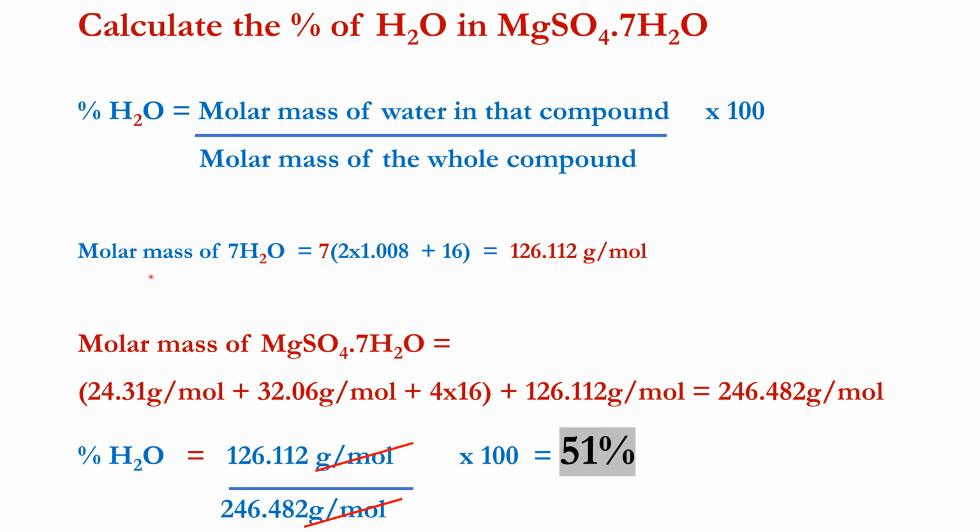So first we calculate the molar mass of water. That will be 7 times, because we have 7 here. Remember, you always have to take into account the number of water molecules attached to the compound.